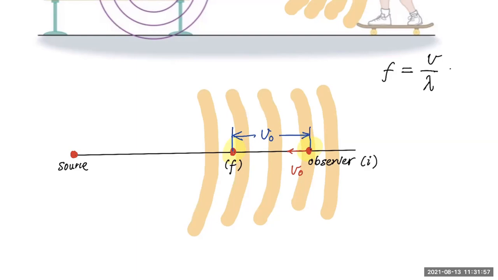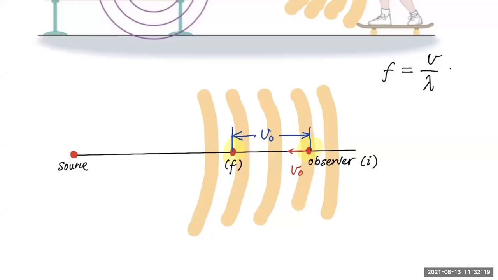And as he moves from initial to final position, his ears will intercept an additional number of wavelengths. How many would he intercept? Well, it depends on how long that distance is. If that distance is 10 times the wavelength, then he can receive 10 more wiggles, or 10 more counts towards his frequency count.